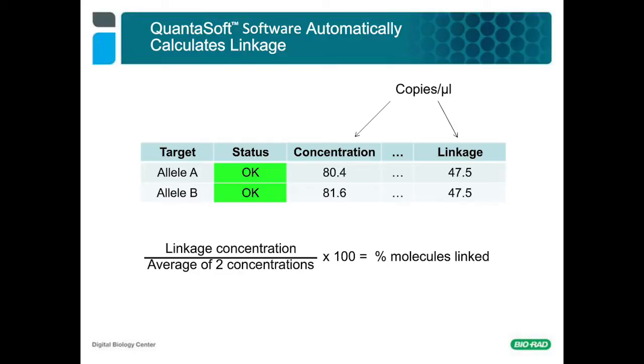In contrast to the variable concentration measurements for both alleles, only a single value for linked molecules is reported as they are connected. To calculate the percentage of linked molecules in a sample, the concentration of the linked species is divided by the average concentration of both targets, and this quotient is multiplied by 100 to get the percentage of linked molecules.